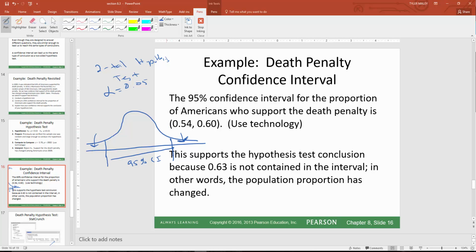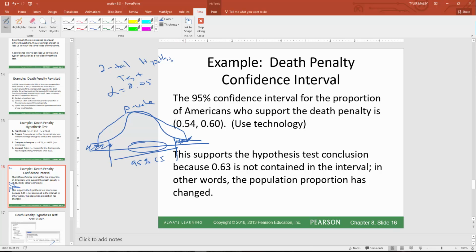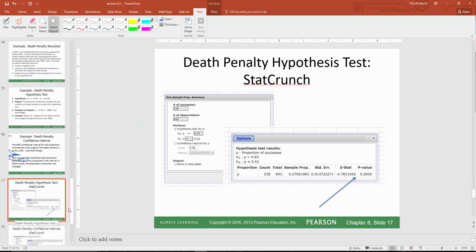If these two areas combined, which is my p-value, is less than alpha, then that would also mean my p naught is not within my 95% confidence interval. That's how they're very related if we look at the bell curve. The hypothesis test looks at the area, and the confidence interval is seeing whether it is likely that this value would be within my confidence interval.